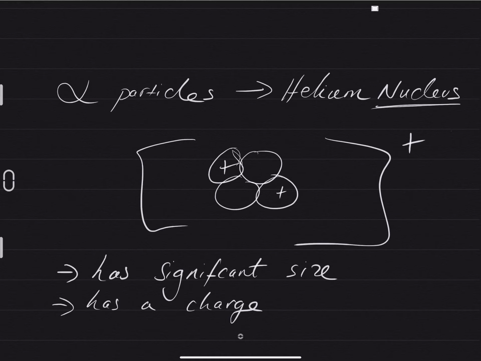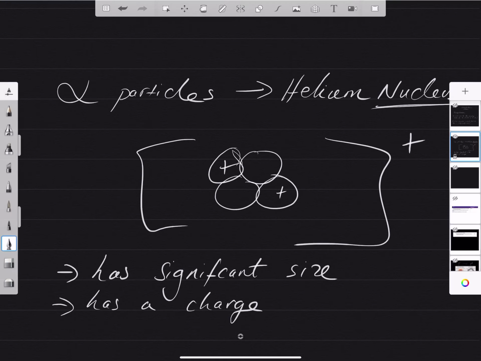Now this is going to become important later on when we utilize this alpha particle in the gold leaf scattering experiment. Alright, so this is the alpha particle, and this is going to be very important when we utilize the alpha particle in the scattering experiment.